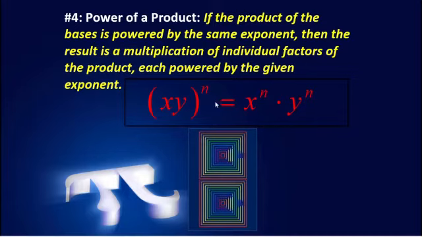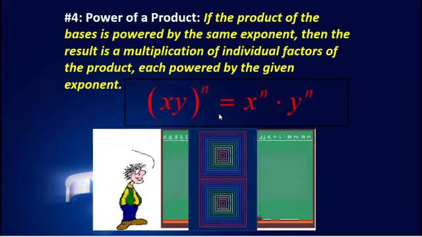So, ang lalabas, that is equal to x to the nth multiplied to y to the nth. So, parang nag-distribute ka lang ng exponent sa bawat element na nasa loob. Kahit may numerical coefficient yan, pati yung numerical coefficient ay magkakaroon ng exponent na nasa labas.